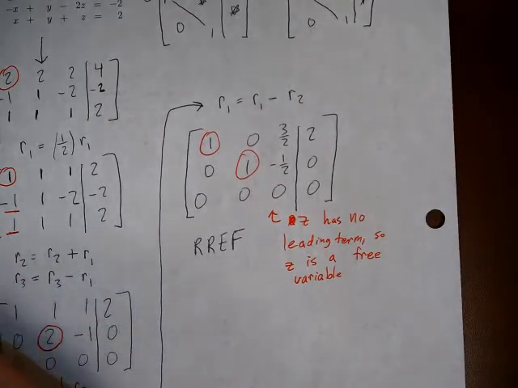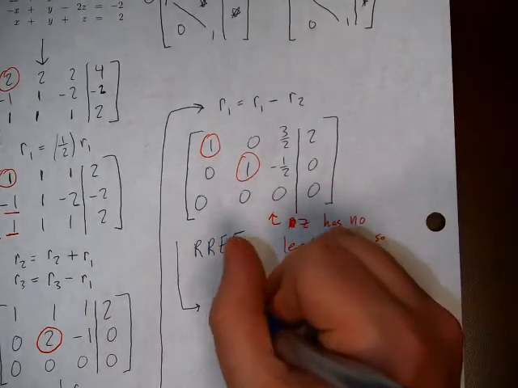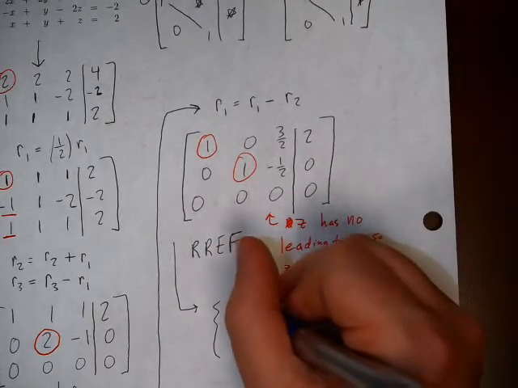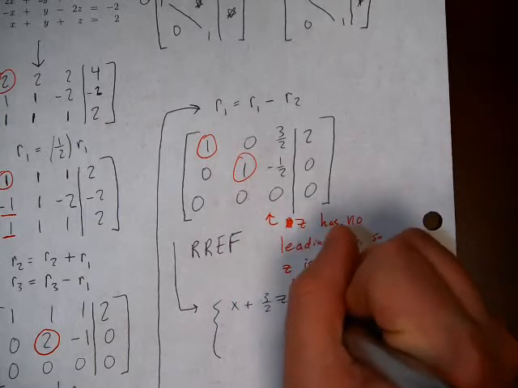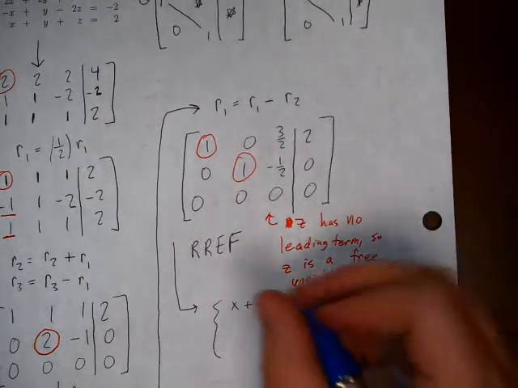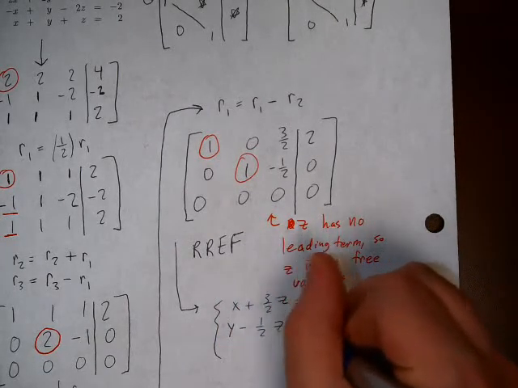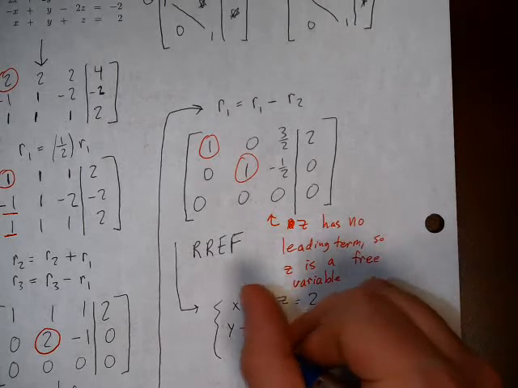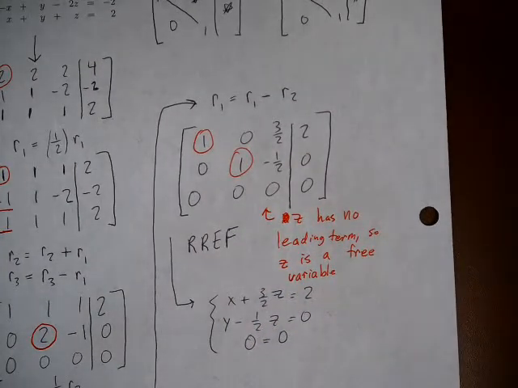So when we take this and rewrite it as a system of equations again, the first row says x plus 3/2 z equals 2. The second row says y minus 1/2 z equals 0. And the last says 0 equals 0. So we know that z is free.